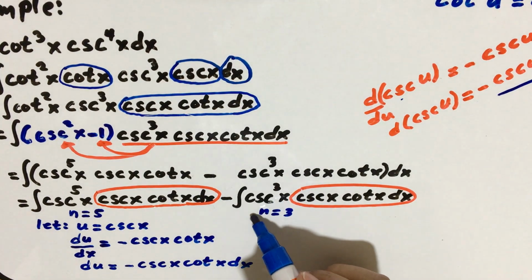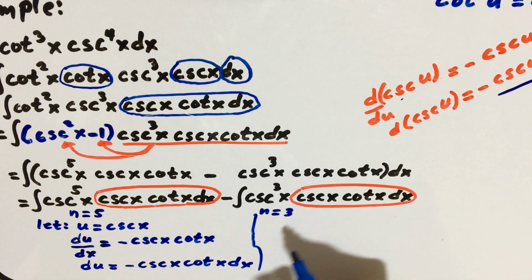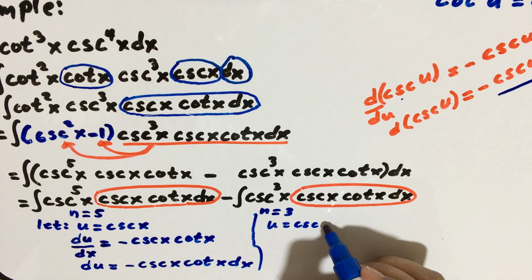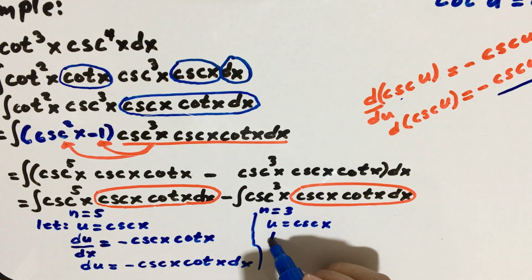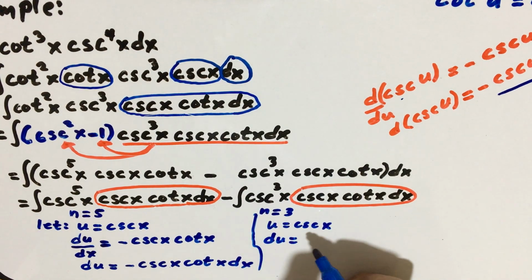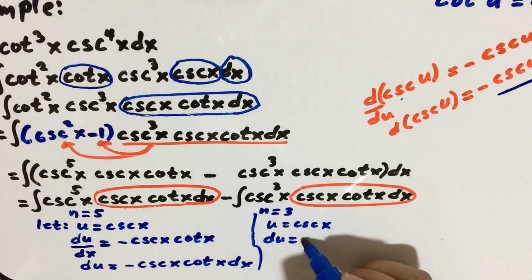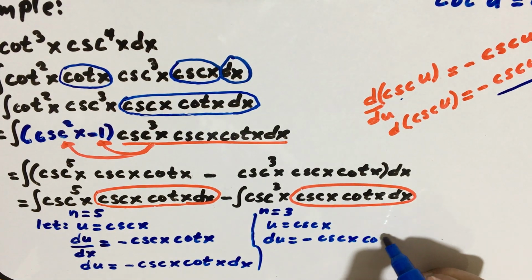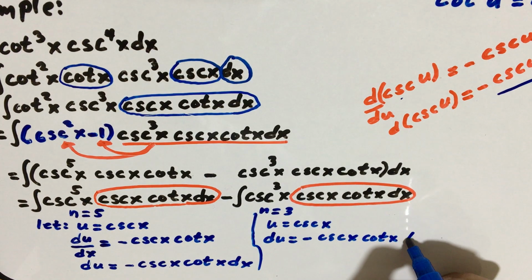And so do with the second term. We also have u here equal to cosecant x, then finding its du, same as this one, is minus cosecant x cotangent x dx.